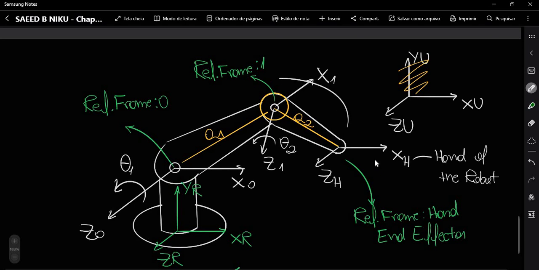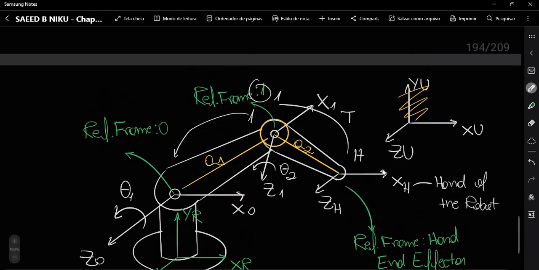So from the hand, from the end effector to 1, we are doing a transformation, and now this frame turns into a reference to this frame. So we can do a transformation of frame 1 in relation to frame 0.